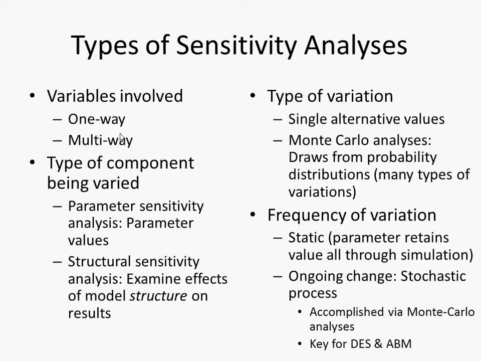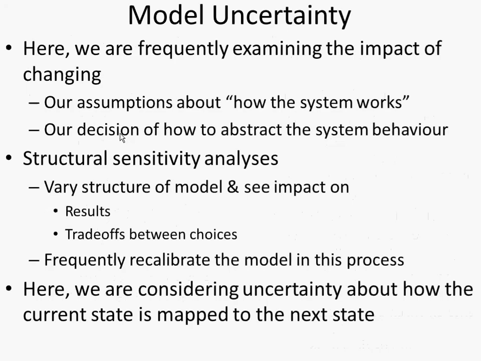And finally, we can capture within our model stochastic processes, and that's the norm for Bayesian-based models. In other cases, we perform static varied assumptions about a particular parameter. So we assume for the entire run that a parameter has a certain alternative value.